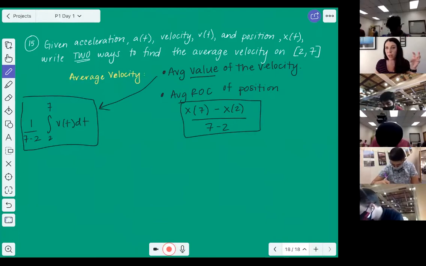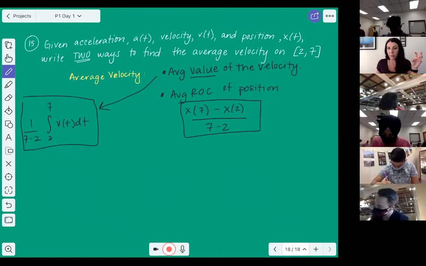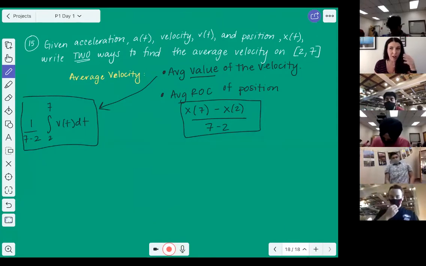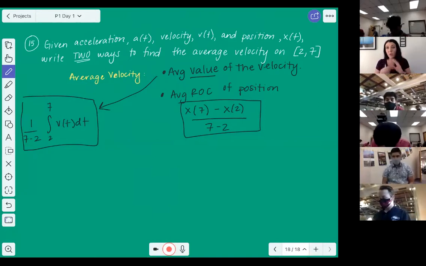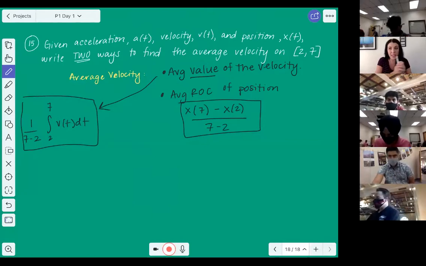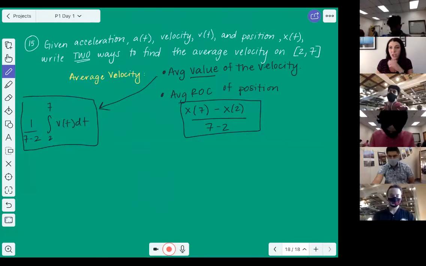Now I want to prove to you that these are equal. Okay. So if we go back and look to the left at our average value of the velocity, if I took an integral of velocity, what function would I end up with? So we know if we take a derivative of position, we get velocity. If we take a derivative of velocity, we get an acceleration. What I'm saying is, if I take an antiderivative of velocity, what function do I end up with? Position. Position, exactly right.